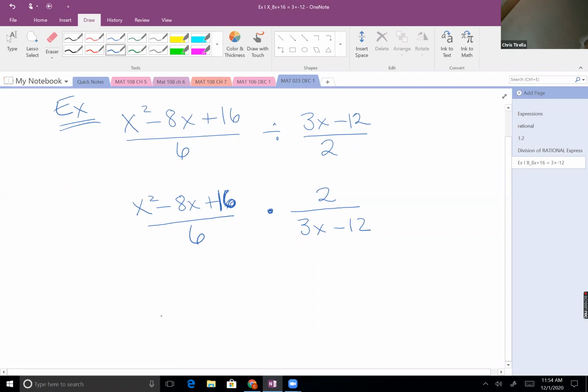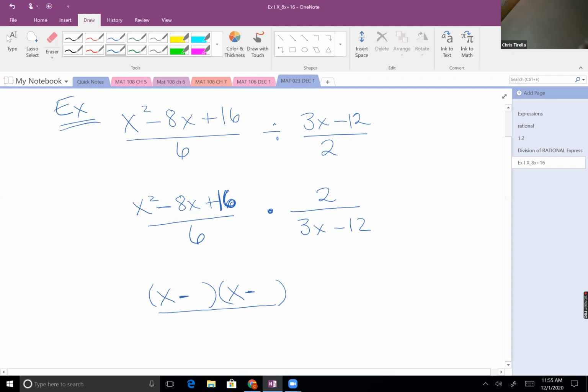X squared minus 8x plus 16. That should factor. X squared will be x times x. Because it's a positive 16, I know my signs are the same, both minuses.